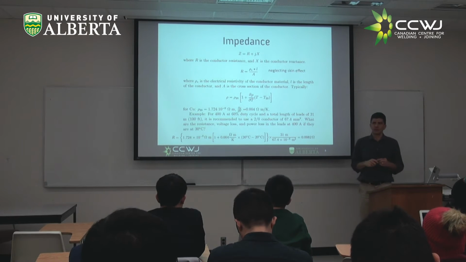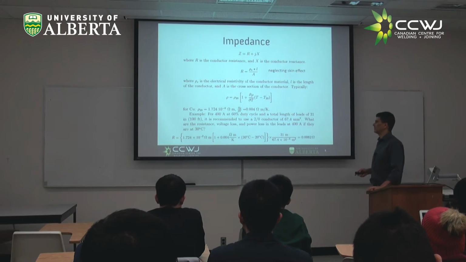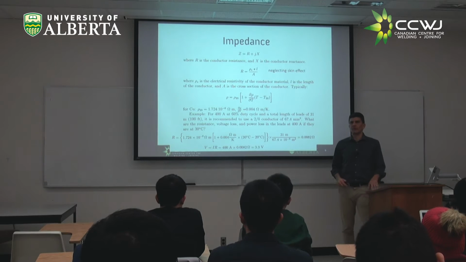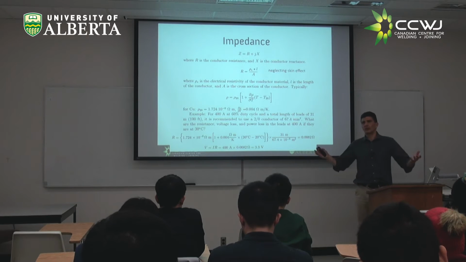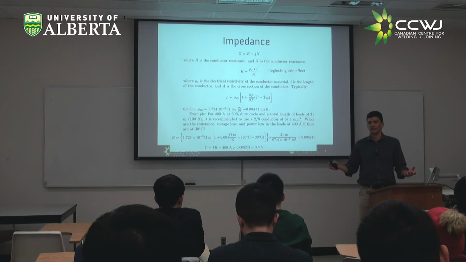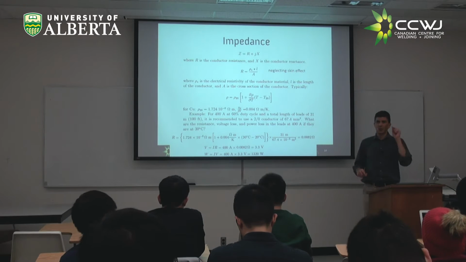Of course, it's a small resistance. Okay, at 400 amps, that's 3.3 volts. That's not small. That's huge. Actually, of course, your normal welding voltages would be 25, 30 volts. But if you look at the power, that's 1.3 kilowatts wasted in the leads.